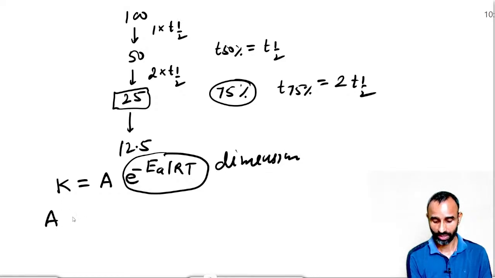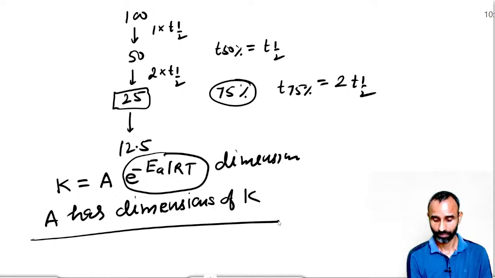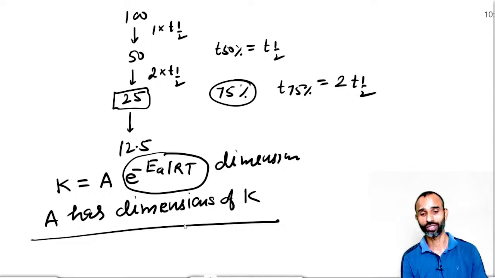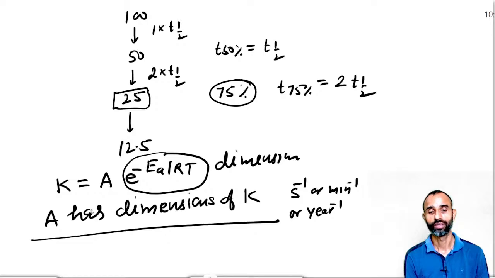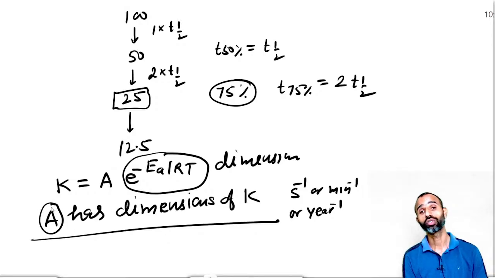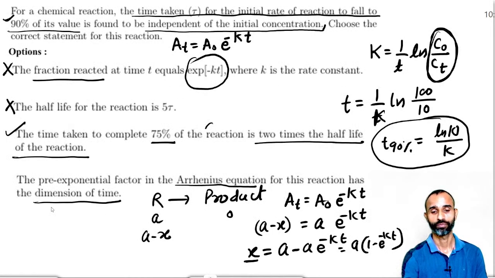A has the same dimensions as K, and K is either per second, per minute, per hour or per year. That means A has dimensions of inverse of time, not time. This is also not true. That means only C option is correct.